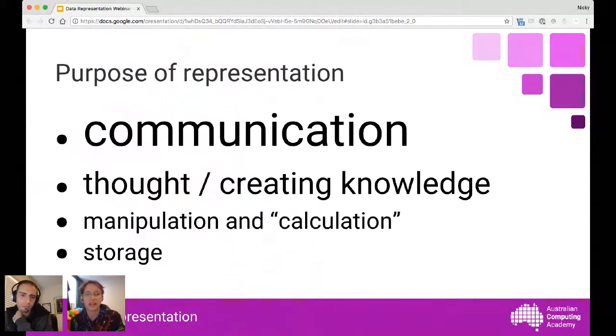To a lesser extent, in terms of importance, it's being able to manipulate information and do calculations and analyze that information. And then also to an even smaller extent in terms of the importance to humanity is storage.